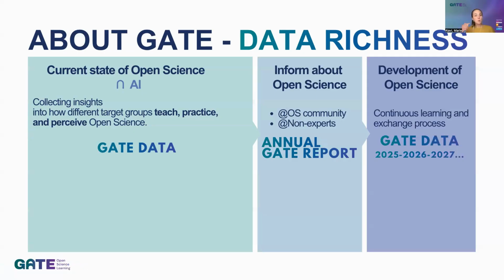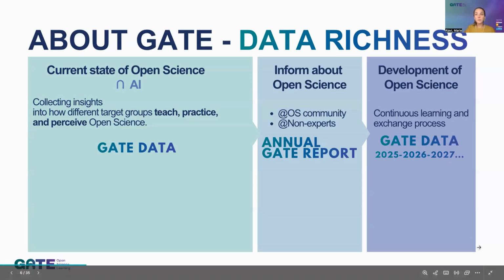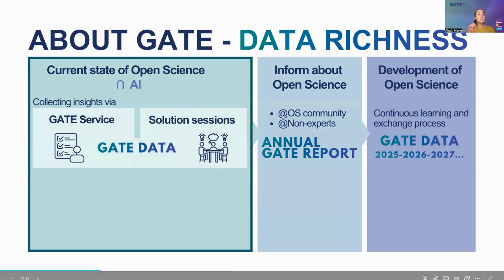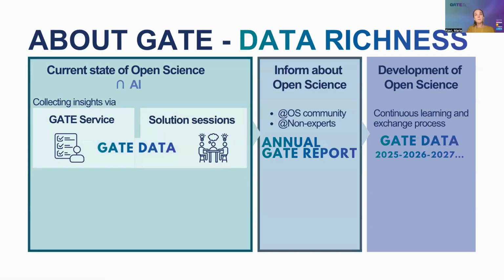And as this is an ongoing process, an ongoing knowledge exchange, we will also have data in the upcoming years, and thus we are able to identify more or less or talk about the development of open science. But the GATE data and the report is our main topic for today.